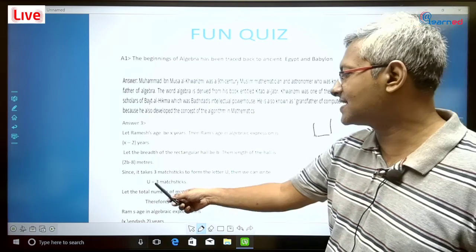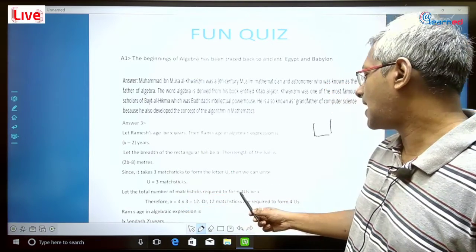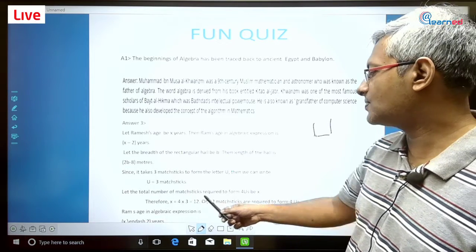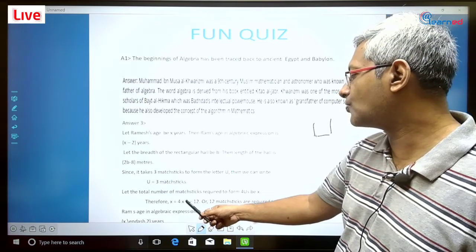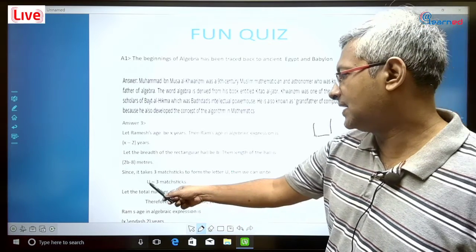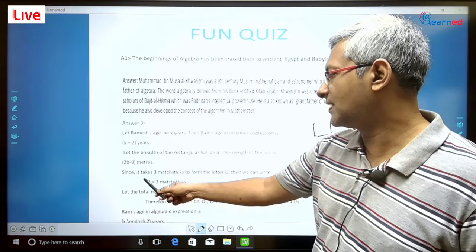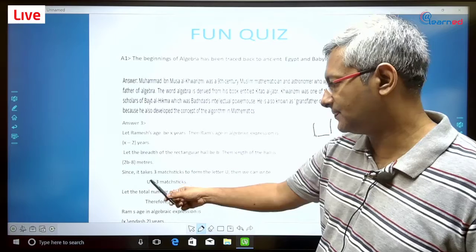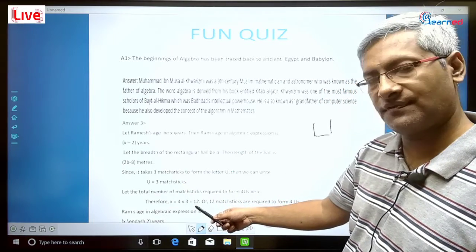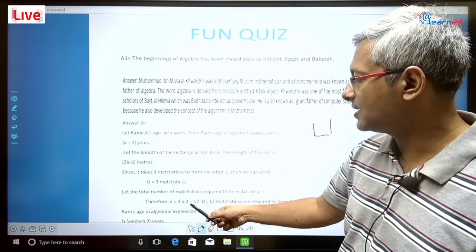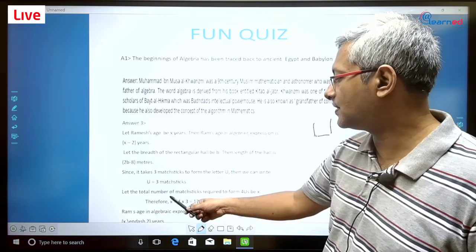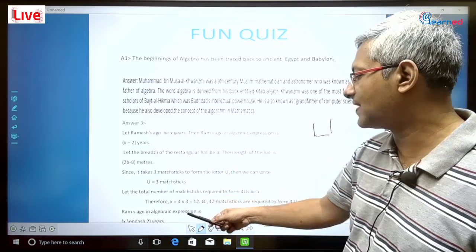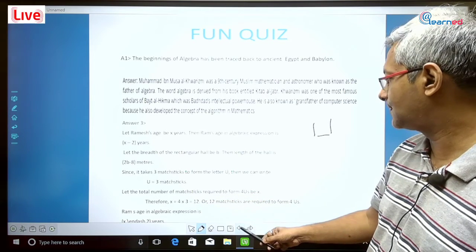So 1 U is 3. I'll have to get this x. So therefore, x equals 4 into 3. I simply multiply this u by 4, and u I know as 3. So I substitute the value of u over here and I get 4 into 3, or 12. So this is again a simple substitution. We are getting into the form of an equation and trying to solve it. So I got 12 as my answer.